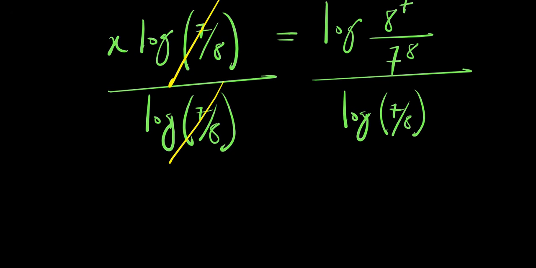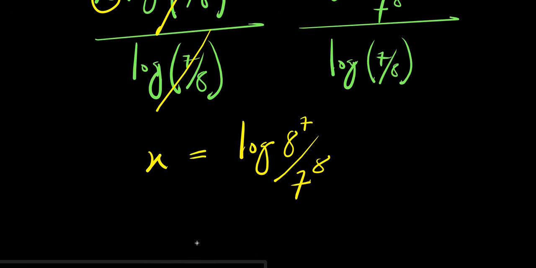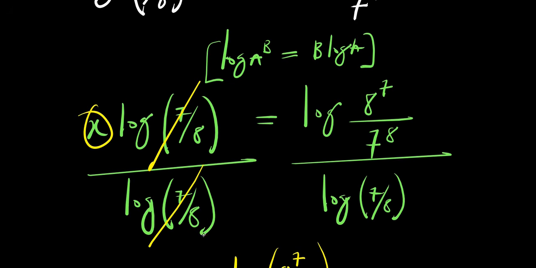We are left with x. So we have x equals log of 8 power 7 divided by 7 power 8, and this is divided by log of 7 divided by 8. We can also put this in brackets if you want.